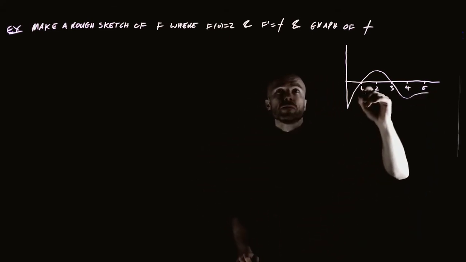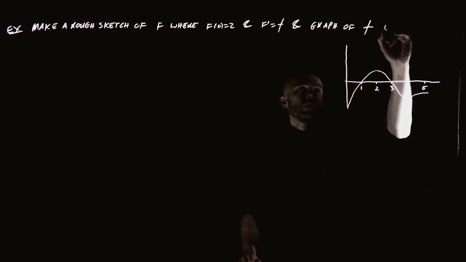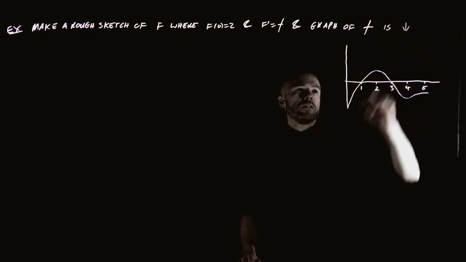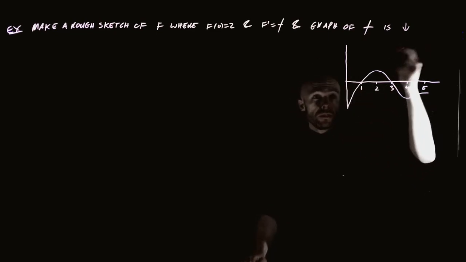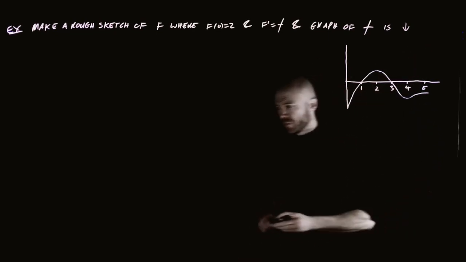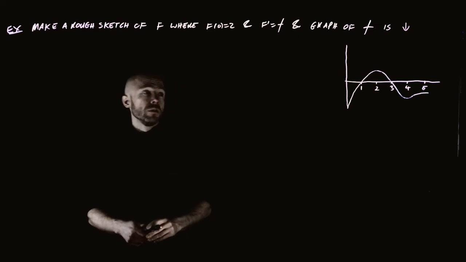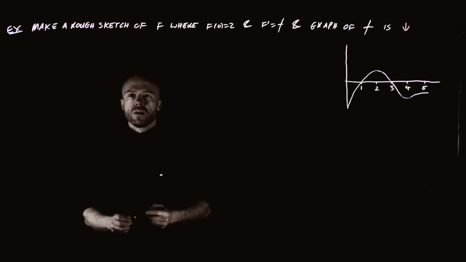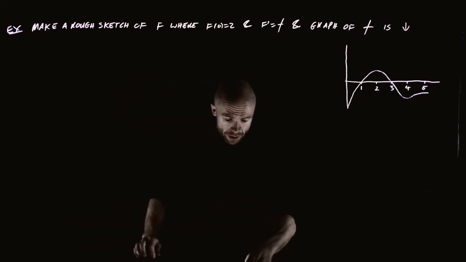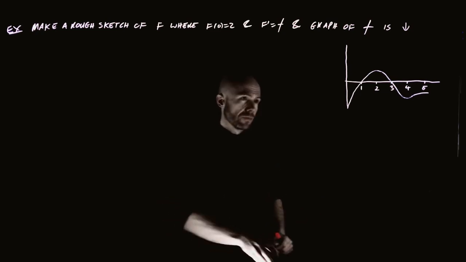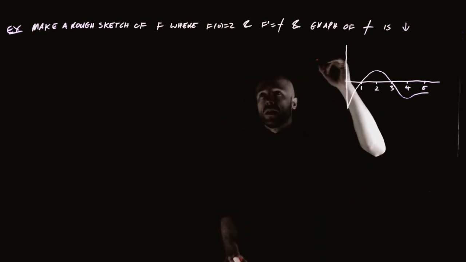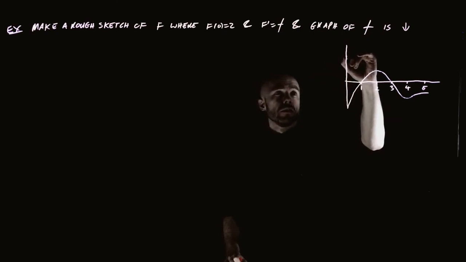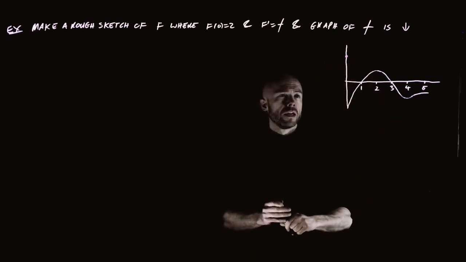Okay? So this is the graph of little f, and since little f is capital F prime, this is the graph of capital F prime, yeah? And what we want to do is to sketch the graph of capital F. And all we know to begin with is that capital F at 0 is here at 2. So this is where we start.